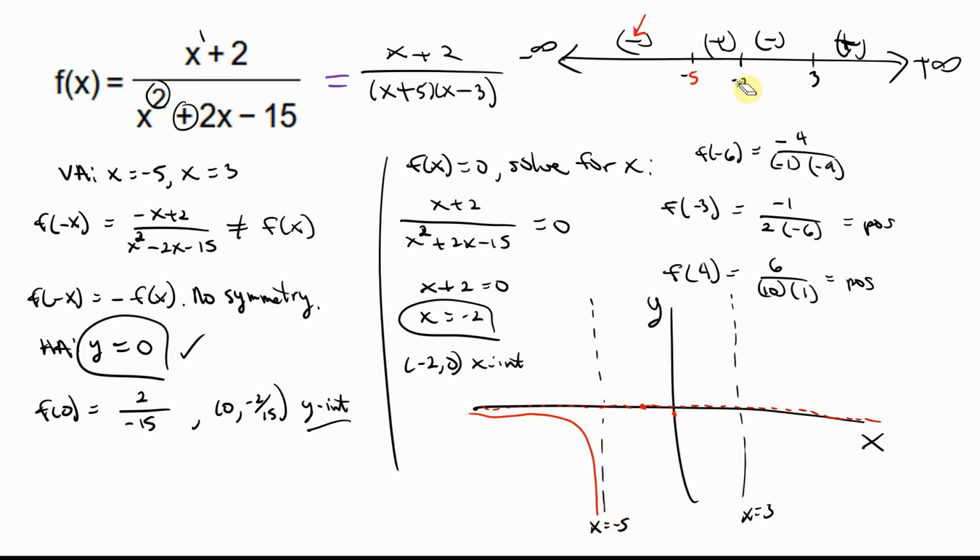From -5 to -2 is positive. And then from -2 to 3 is negative, but it goes to those intercepts. And then from 3, that vertical asymptote, to positive infinity is positive.